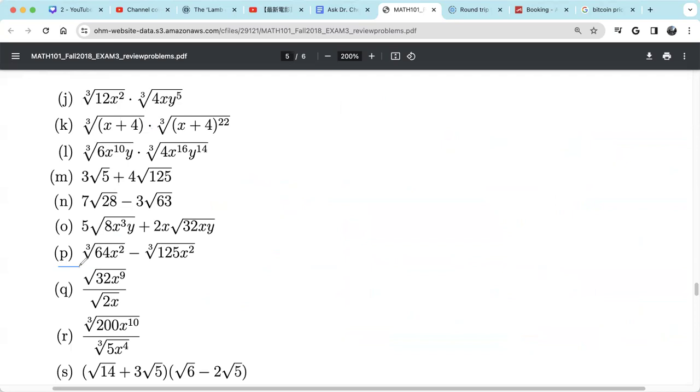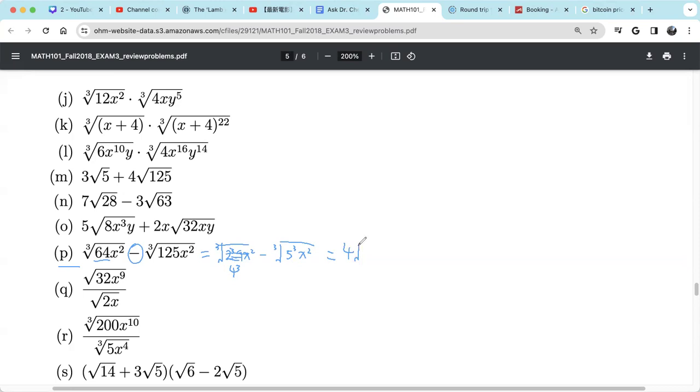Now let's see P. P was subtracting 2 terms. We also need like radicals. So we rewrite the cubic root of 64 as 4 cubed times x squared, minus the cubic root of 125, which is 5 cubed x squared. 64 is 4 cubed, 4 raised to 3, then the cubic root is just 4.